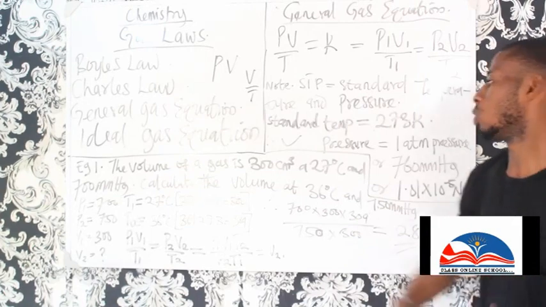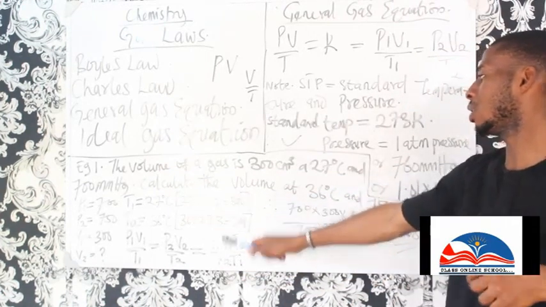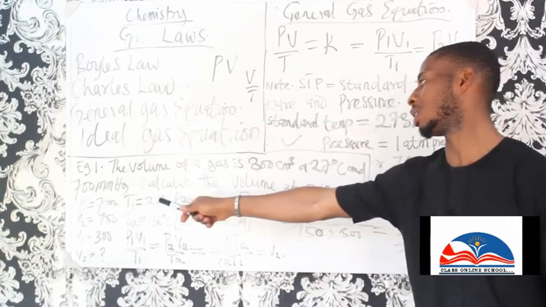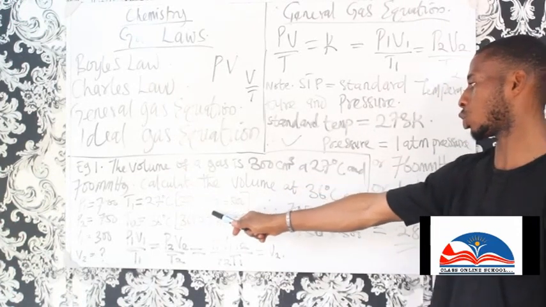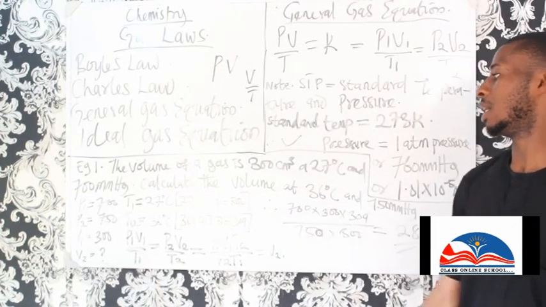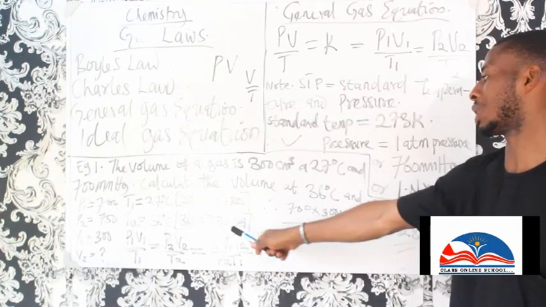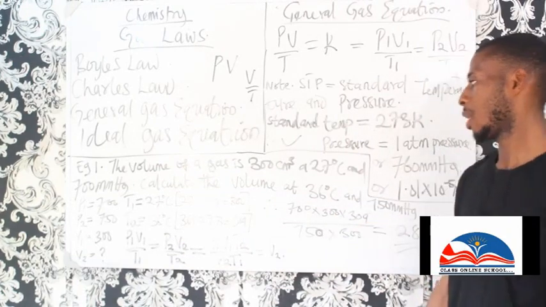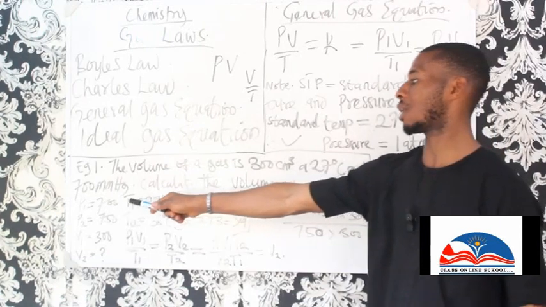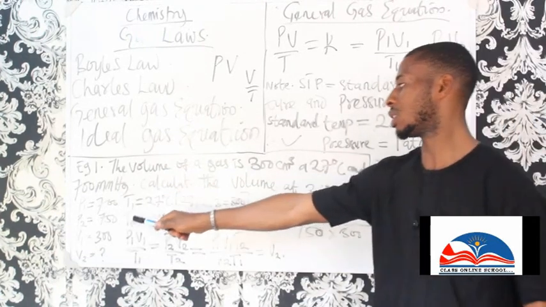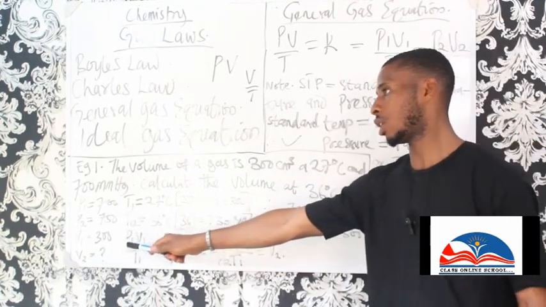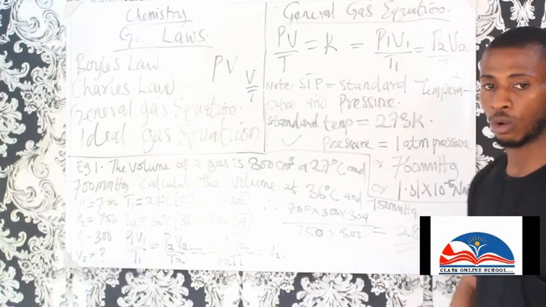Like I told you, we convert the temperature to Kelvin. That means 27 degrees Celsius, converted by adding 273, gives us 300. 36 degrees Celsius, we add 273, gives us 309. Now, our P1 is 700, P2 is 750, V1 is 300, and V2 is what we are looking for.